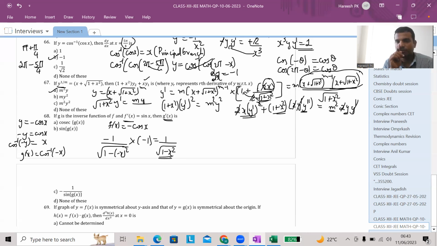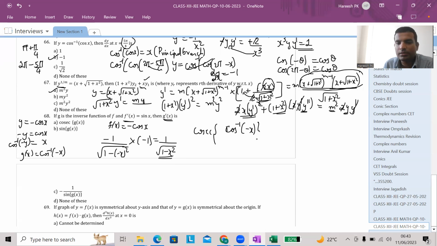Now, if I look at whether option A will be the right answer, let us see that. What is option A saying? Option A is saying cosecant of g of x. And what is g of x? G of x is cos inverse minus x.